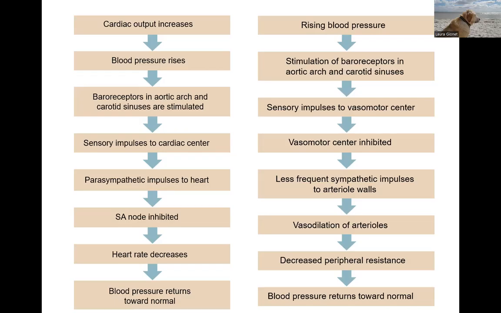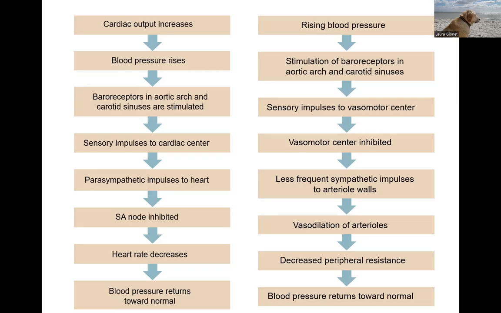And remember, when we excite the parasympathetic division, we depress heart rate. So we are going to inhibit the SA node with the acetylcholine that parasympathetic releases, and it decreases your heart rate. And when heart rate decreases, blood pressure decreases. And the goal is to decrease the blood pressure back to a normal range. So when we stimulate the parasympathetic division, we decrease heart rate, decrease blood pressure.